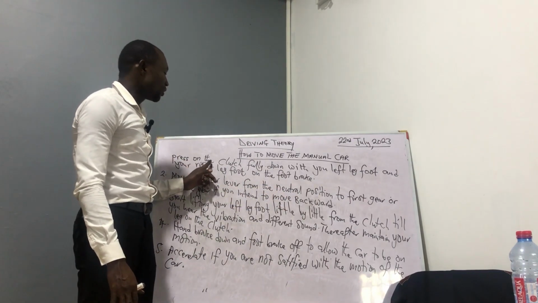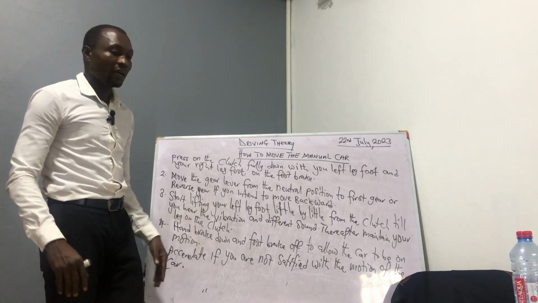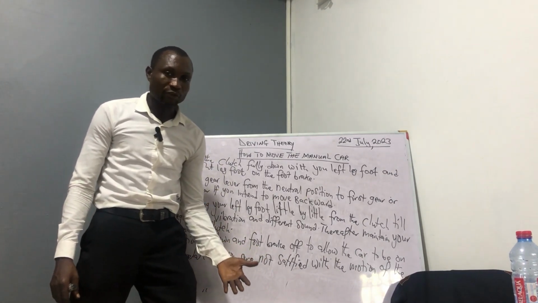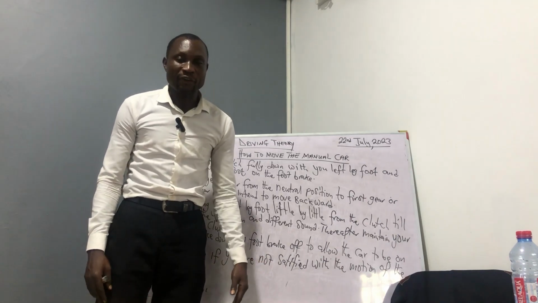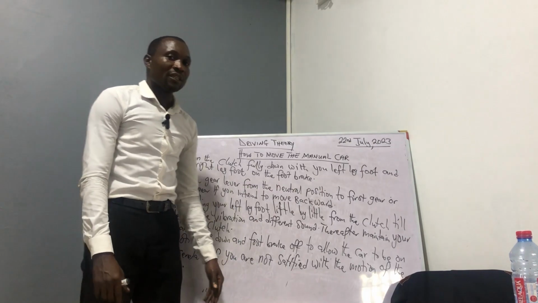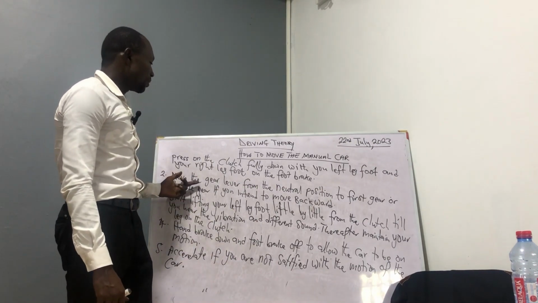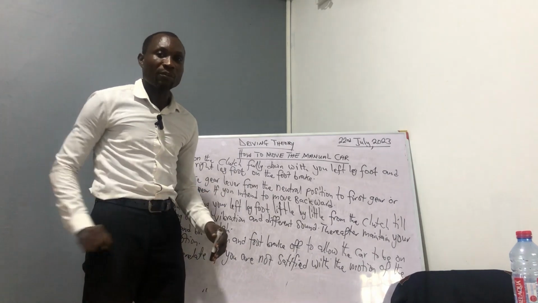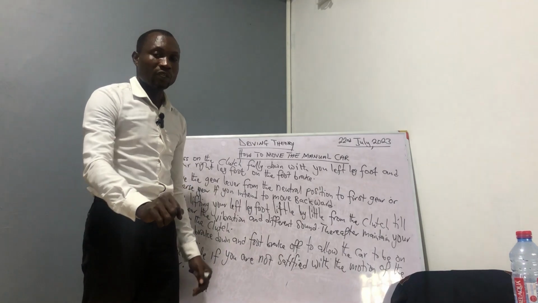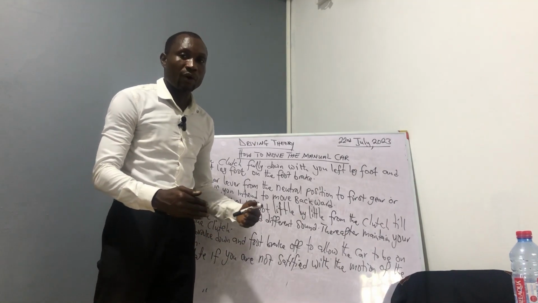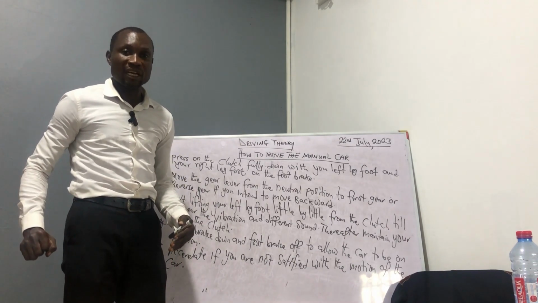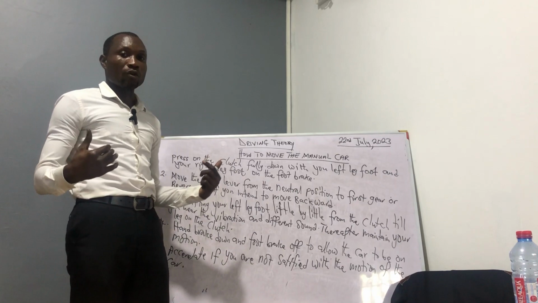First of all, when you have started the car, press on the clutch with your left foot, fully down. Your right foot should also be on the brake pedal, fully down. Then the next step is to move the gear lever from the neutral position to first gear, which is the stronger gear to move the manual car, or to the reverse gear to move the car backwards.